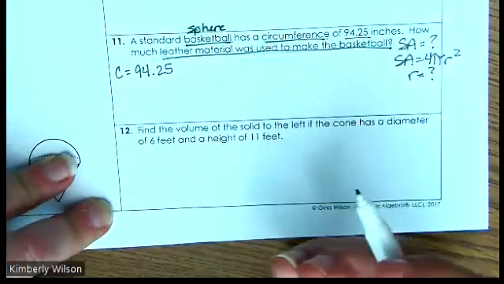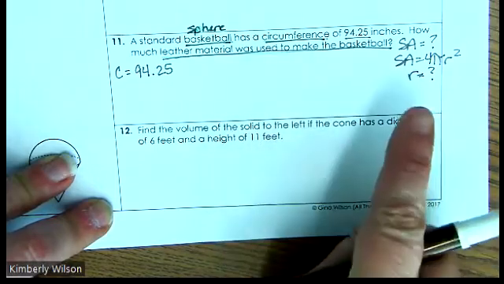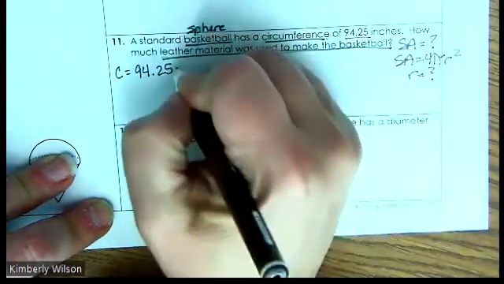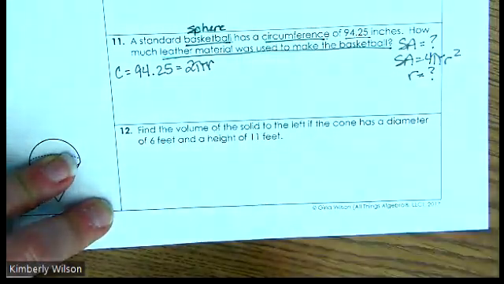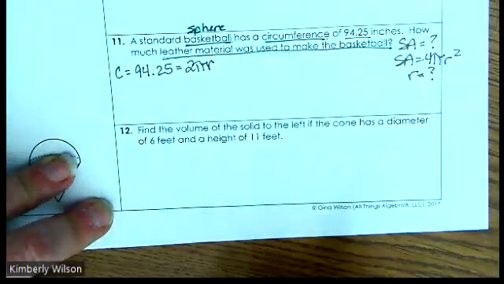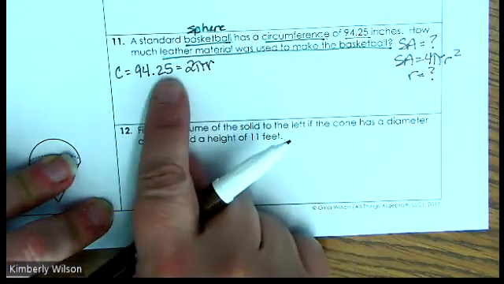But I do know that a circumference formula does have a radius, r, in it. So I can say this is equal to 2 pi r. This is all looking at that formula chart and seeing what information am I given on there. I know the circumference formula. I know what the circumference is.